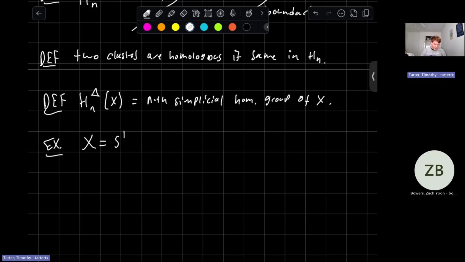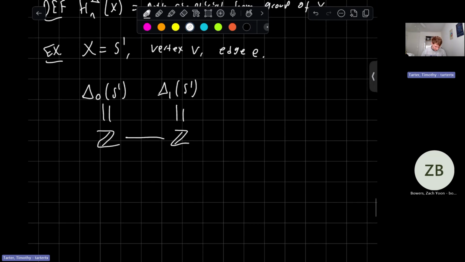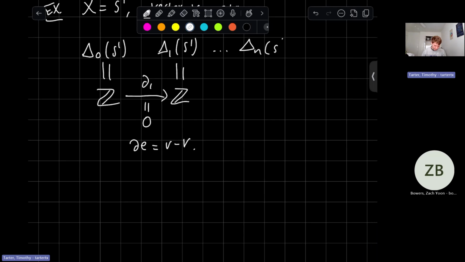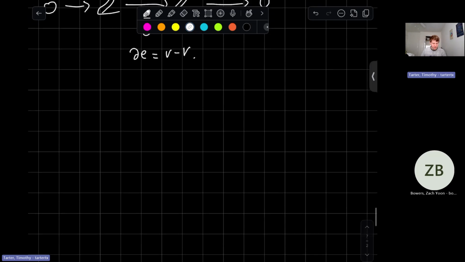Okay, so if X is the circle with vertex 0-cell V and edge E, then delta 0 of S1 and delta 1 of S1 are both identified with Z, and the boundary map is 0, since partial E is equal to V minus V. Then the groups delta n of S1 are just 0, because there are no simplexes in these dimensions.